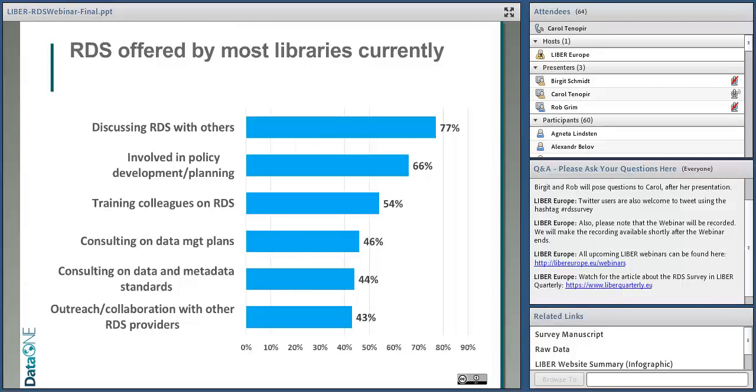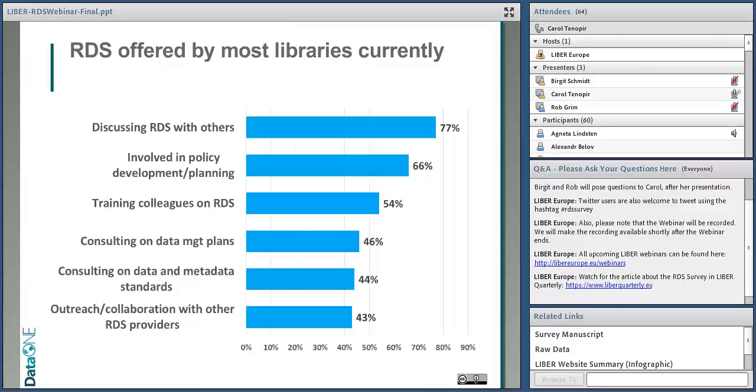77% of the libraries that responded to our survey say that they're involved in active discussions with others at their universities, at their institutions, and other institutions about research data services. And another two-thirds are involved in active policy development and planning.